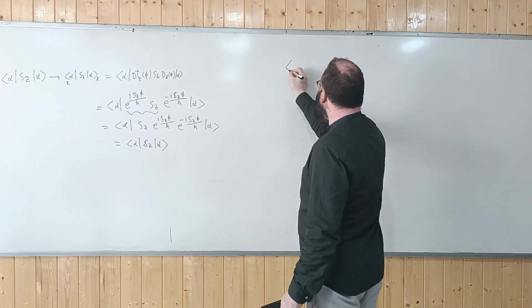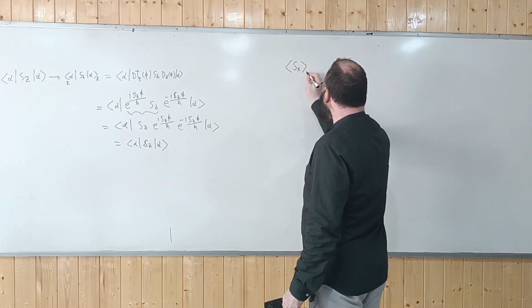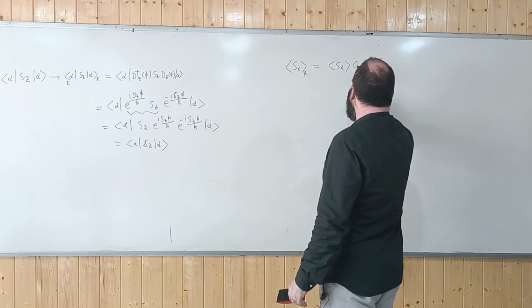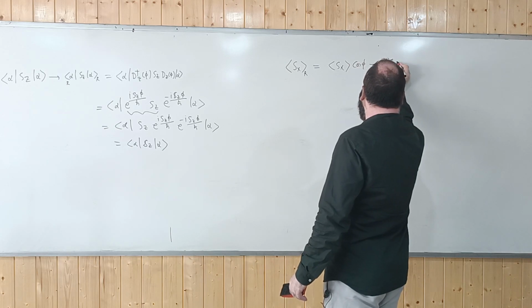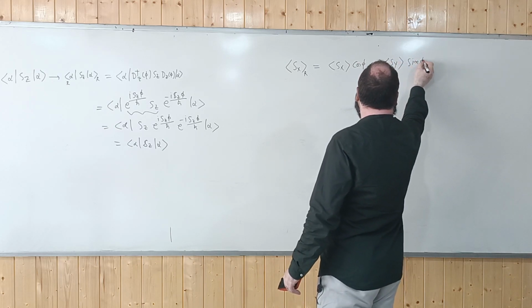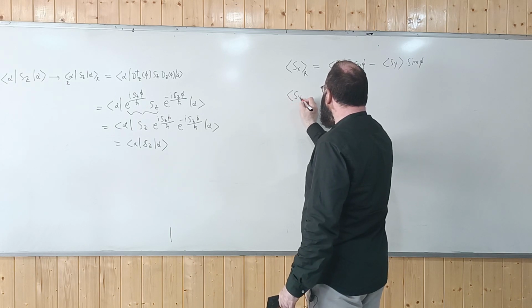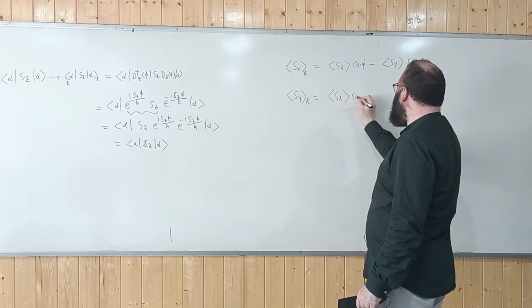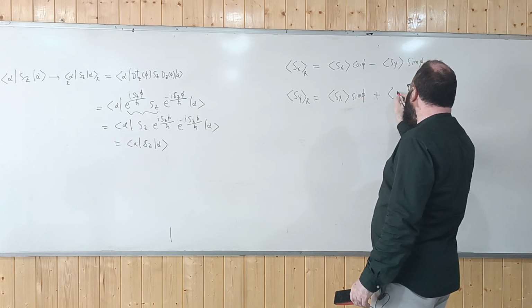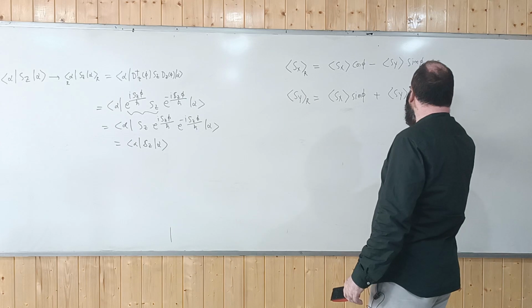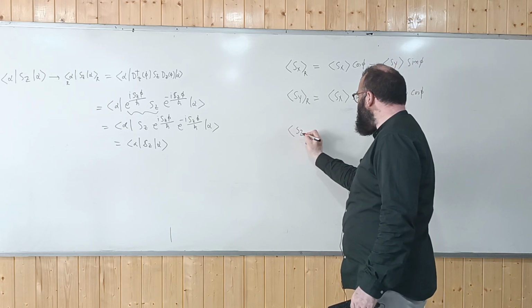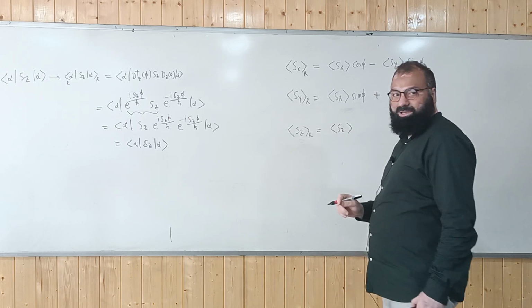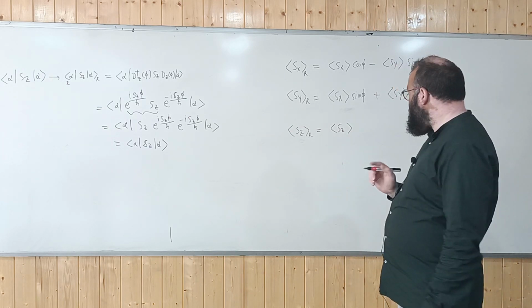So my Sx under rotation is equal to Sx cos φ minus Sy sin φ. Clear? Then Sy under rotation is equal to Sx sin φ plus Sy cos φ. Then Sz under rotation is the same as Sz, since we are applying rotation about the z axis, or in the xy plane.